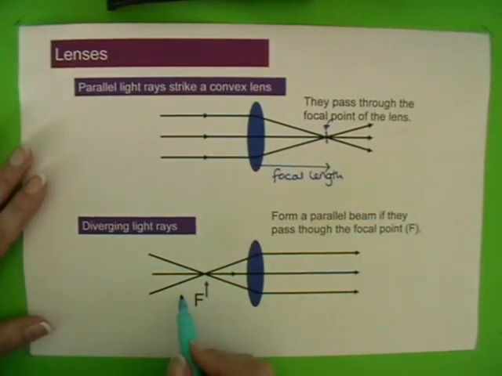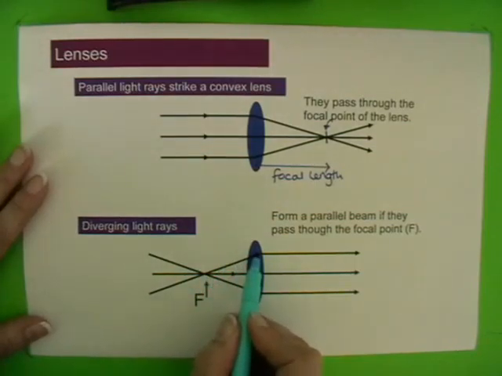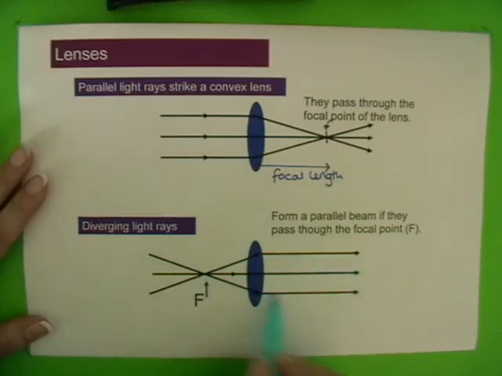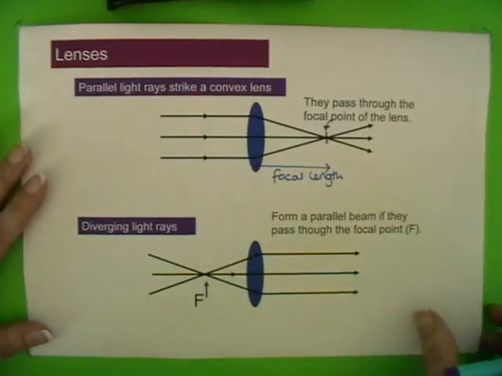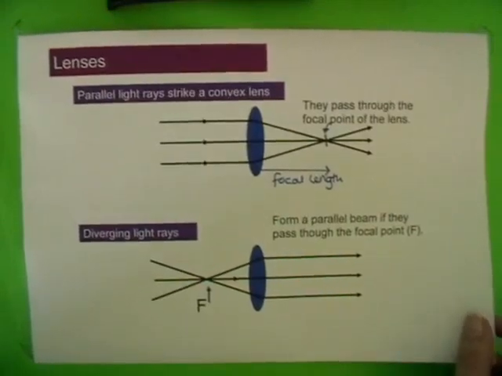And the converse of that then, if we have diverging rays meeting the lens, they form parallel rays as they pass through the lens. So if they diverge from the focal point and meet the lens, they will then transfer as a parallel beam.